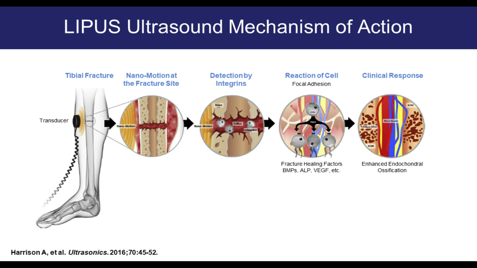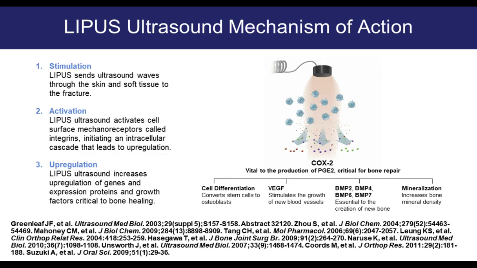You can see in that cartoon that the integrins on the cell surface respond, and they upregulate fracture factors such as BMP, VEGF, and so forth. And those factors are required for enhanced endochondral ossification. So again, just a brief cartoon of how this works. We'll go a little bit more into that here.